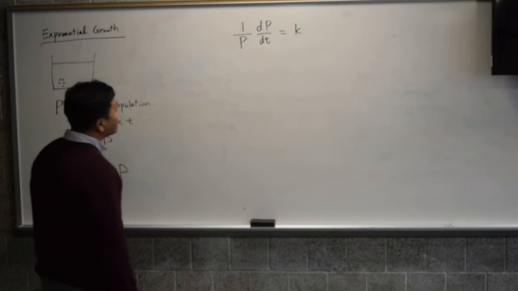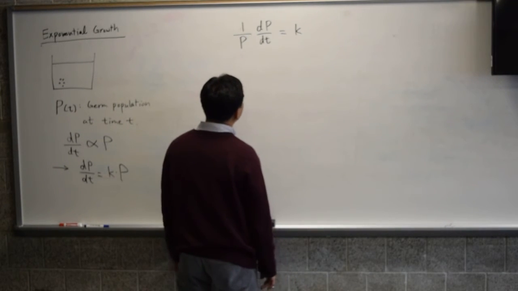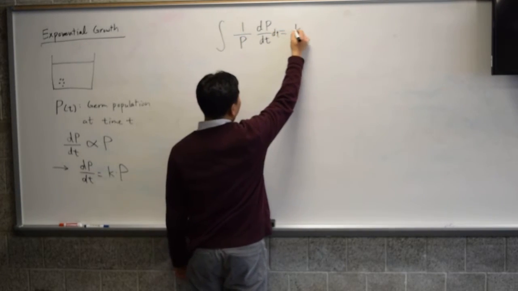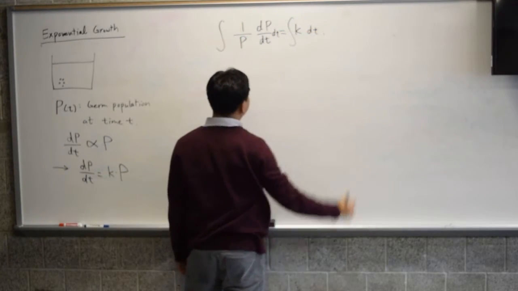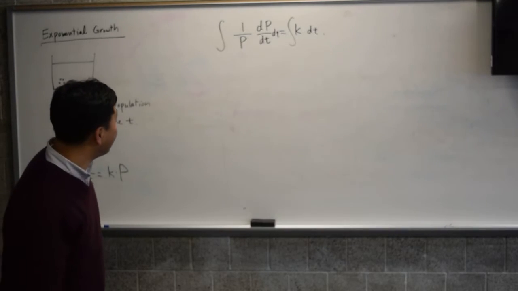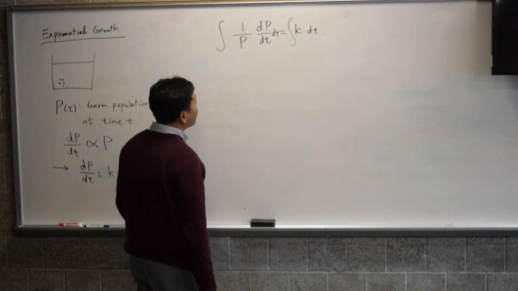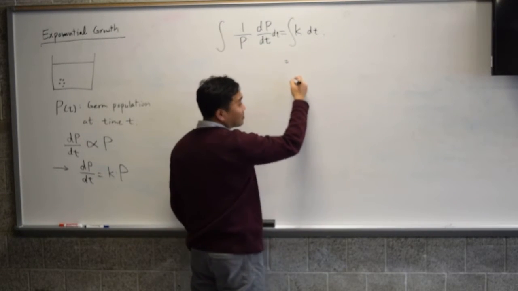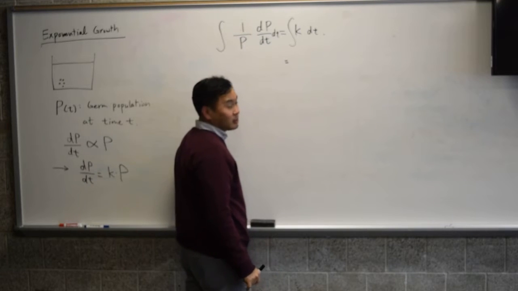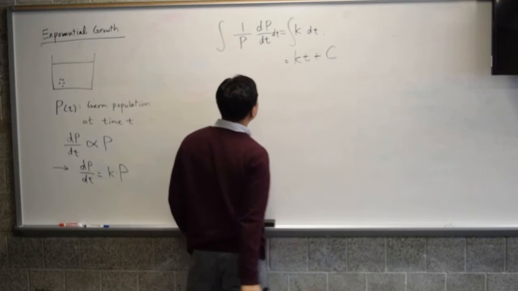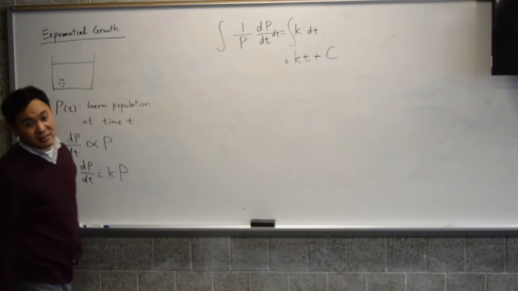And then you integrate both sides with respect to t. The right side now is easy to integrate. What's the integral of the right side? kt plus c.